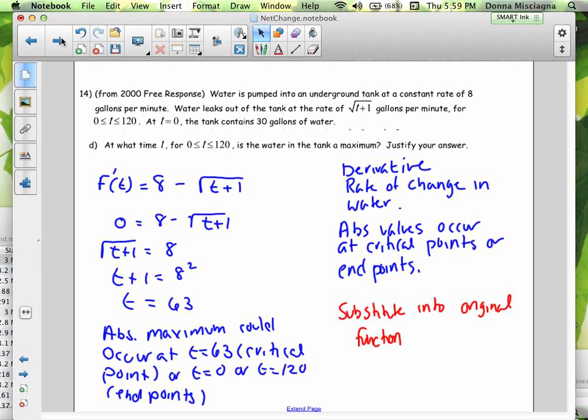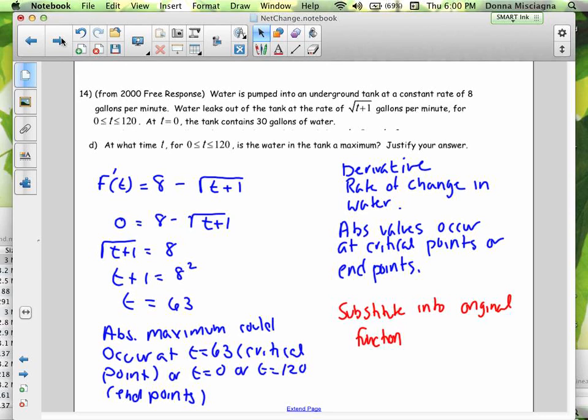All right, so derivative is the rate of change. Absolute values occur at critical points or endpoints. So this is sort of like our curve sketching or optimization in a way. We were looking for maximums, right? So a maximum is going to occur at your critical points, or your endpoints. Our endpoints are 0 and 120.